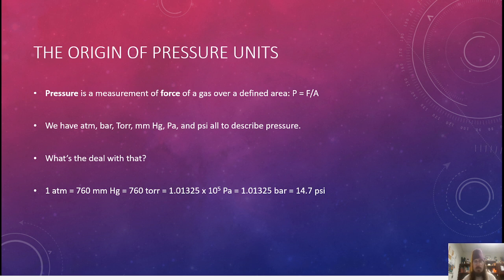Now, when we talk about pressure, we're going to talk about atmospheres, atm, bars, torricellis, the torr, millimeters of mercury, mmHg, pascals, or Pa, or pounds per square inch, psi. All of these are units of pressure. So why do we have 5, 6 different units all dealing with the same concept?